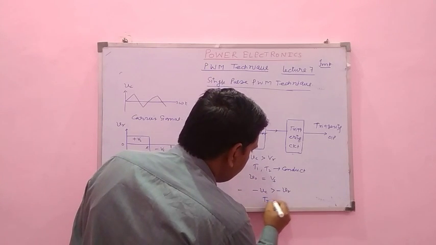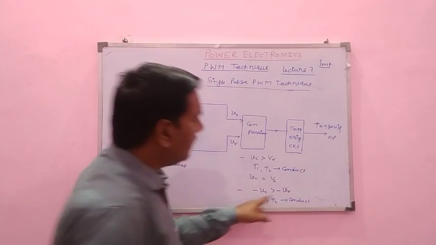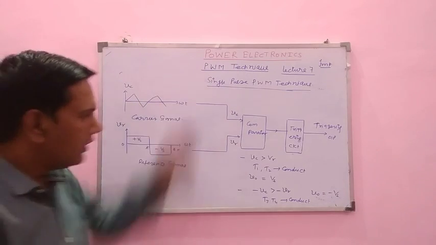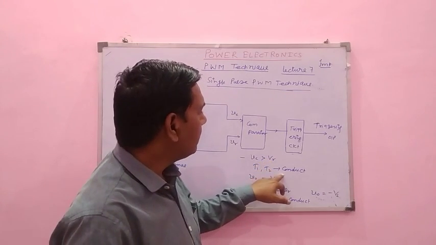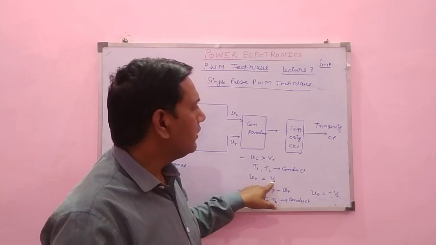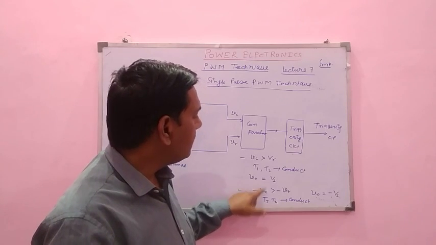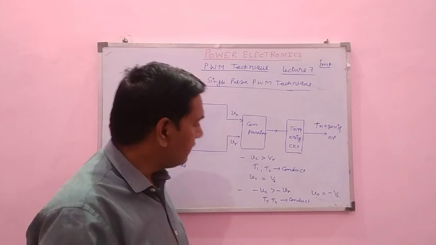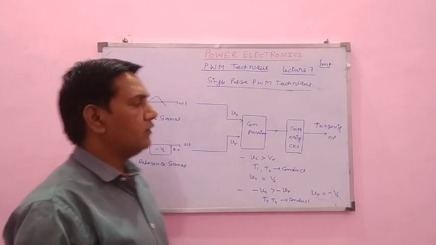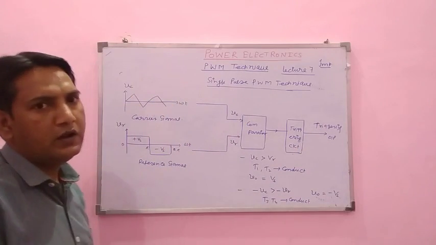In that case thyristors T3 and T4 will conduct, and the output voltage V0 will be equal to minus Vs. So if the first condition is satisfied, the triggering circuit will trigger T1 and T2 and the output voltage will be Vs. If the second condition is fulfilled, T3 and T4 will conduct and the output voltage will be minus Vs. So according to the conditions generated by the comparator, the triggering pulse will be generated and given to the corresponding thyristors.